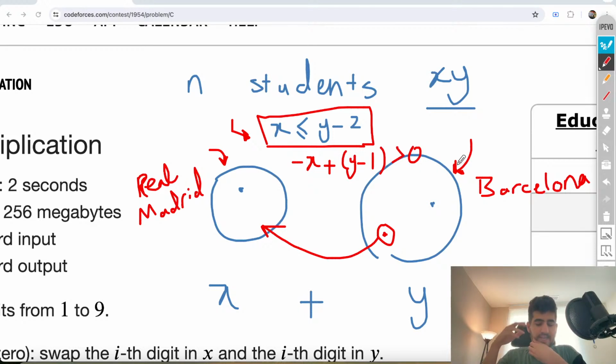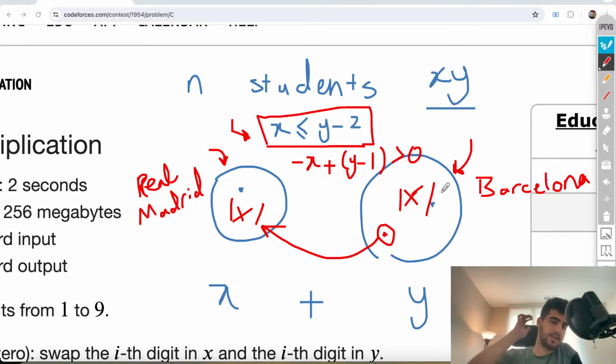Okay. And this also gives you something else as well. If you now say that all the people from the same group love each other, for example, Real Madrid fans love Real Madrid fans, Barcelona fans love Barcelona fans, what is the number of pairs who love each other?